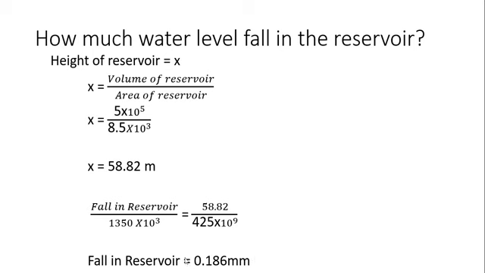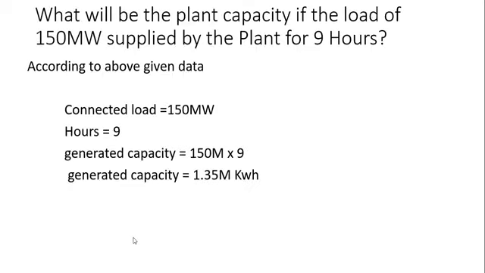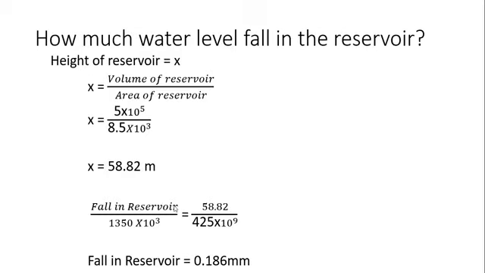We may also calculate other energies, let's suppose 300 or 900 mega into 24 hours, but this energy consumption should be less than the highest possible energy which can be produced from our plant.